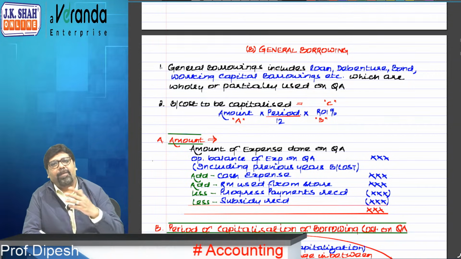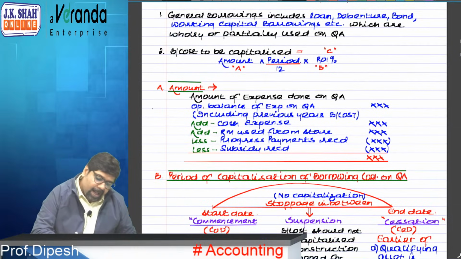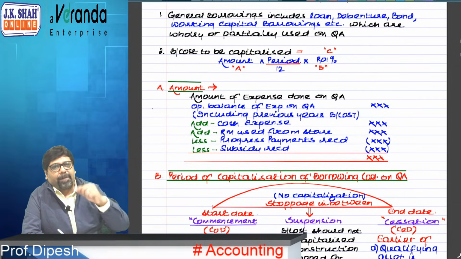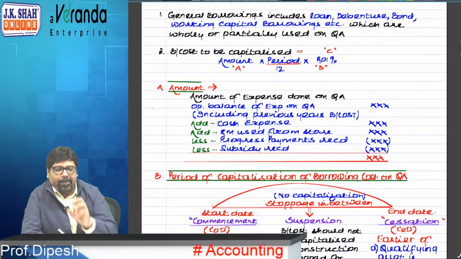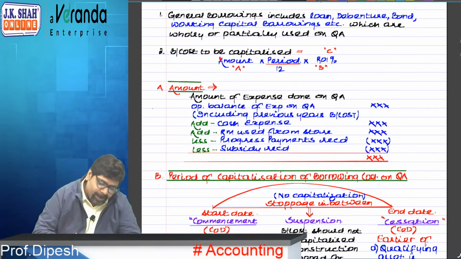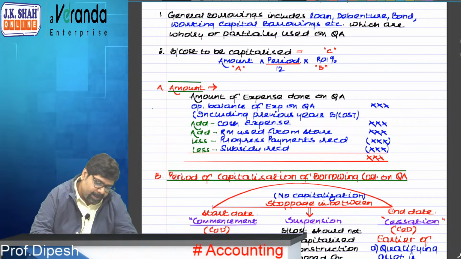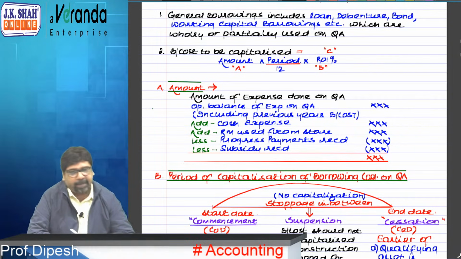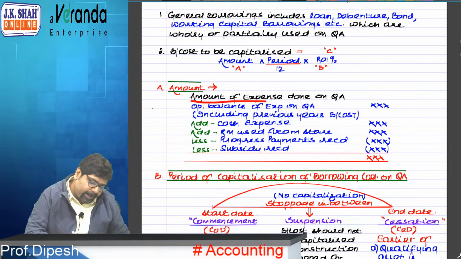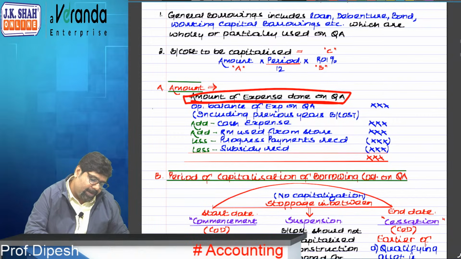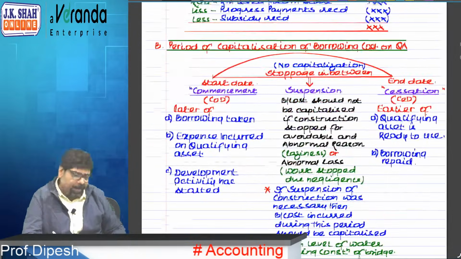This is how you calculate normally the interest. Amount is the amount which you have spent from the borrowings into your asset. So A stands for amount spent on constructing the asset out of borrowings, B is period, C is rate of interest. For time being, you remember this only.